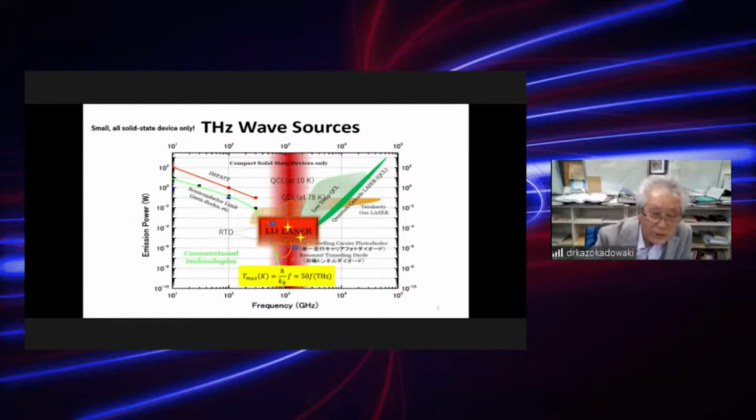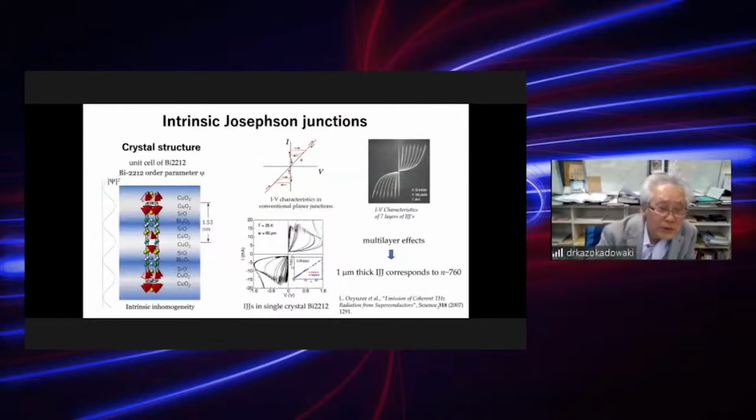So you have to cool it down anyway. The superconductor we are using does not have this sort of problem, so we think we have more advantage. This simply shows the crystal structure and the mechanism of how to make terahertz emission.